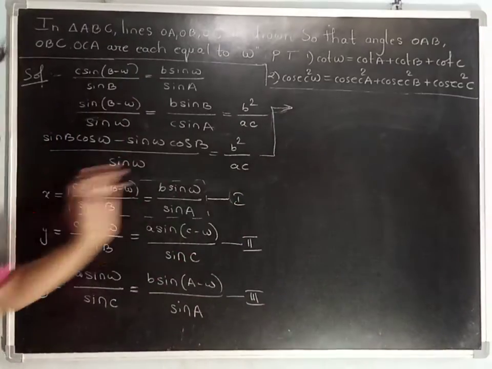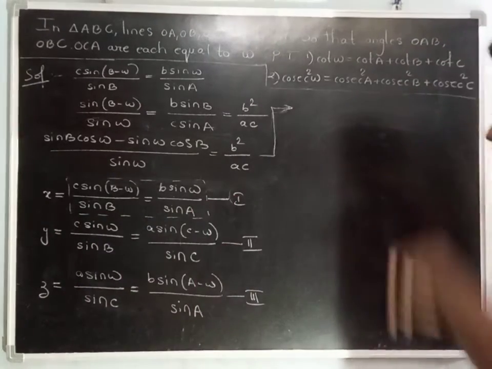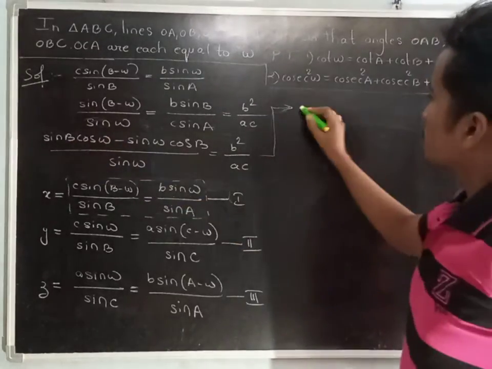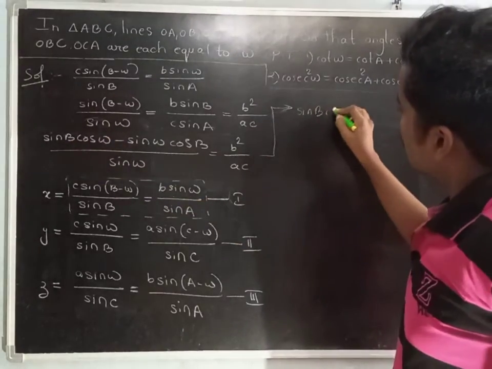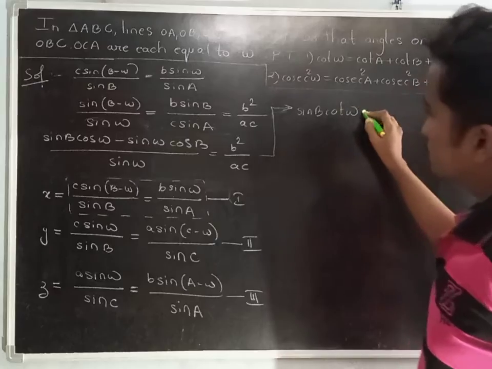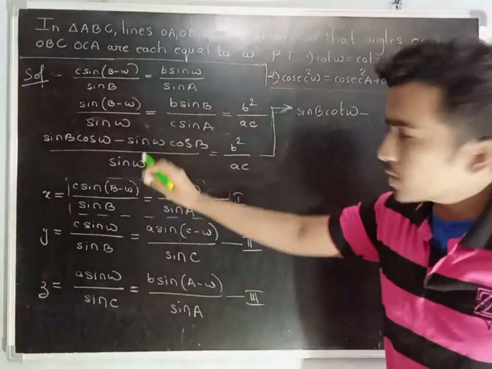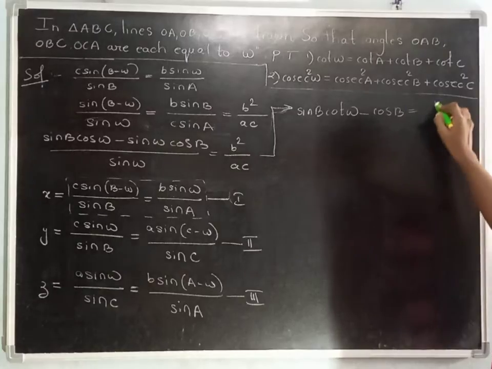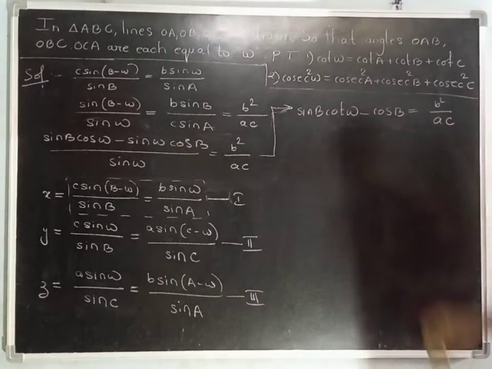From here, the continuation I will write here. Okay, a small mistake. Sin B cos omega by sin omega is nothing but sin B cot omega minus sin omega gets cancelled. So minus cos B is equal to B square by AC.